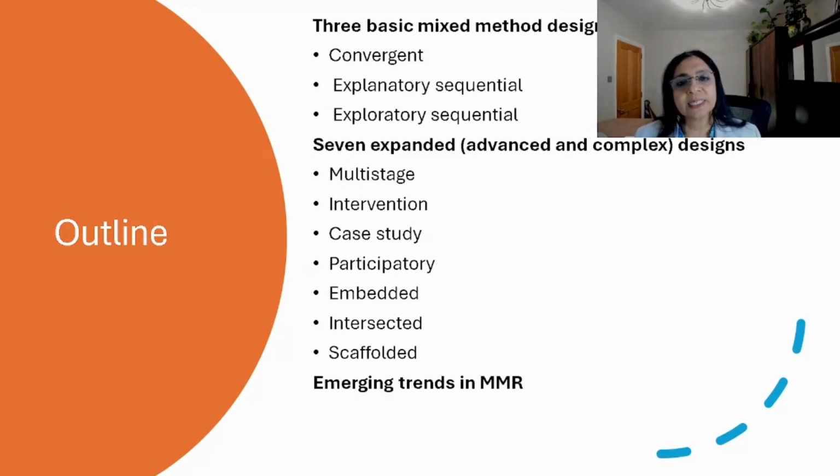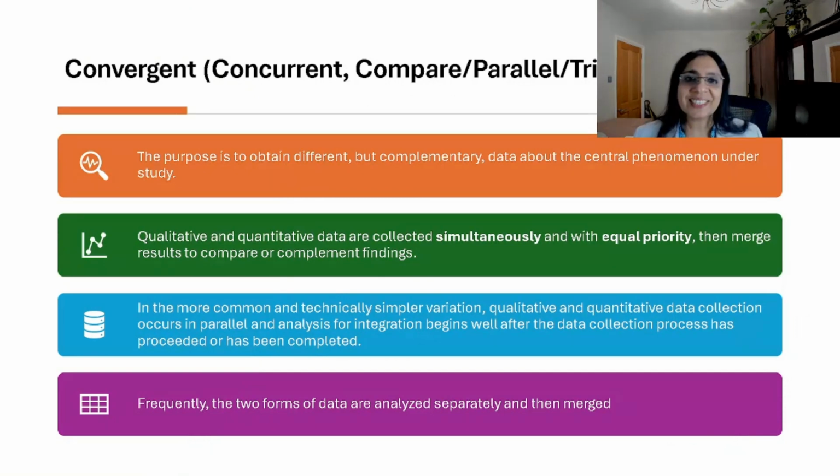I will also be explaining 7 expanded, advanced and complex mixed method research designs: multistage, intervention, case study, participatory, embedded, intersected and scaffolded designs. And I'll end today's talk by discussing some of the emerging trends in mixed method research design. So let us start straight away.